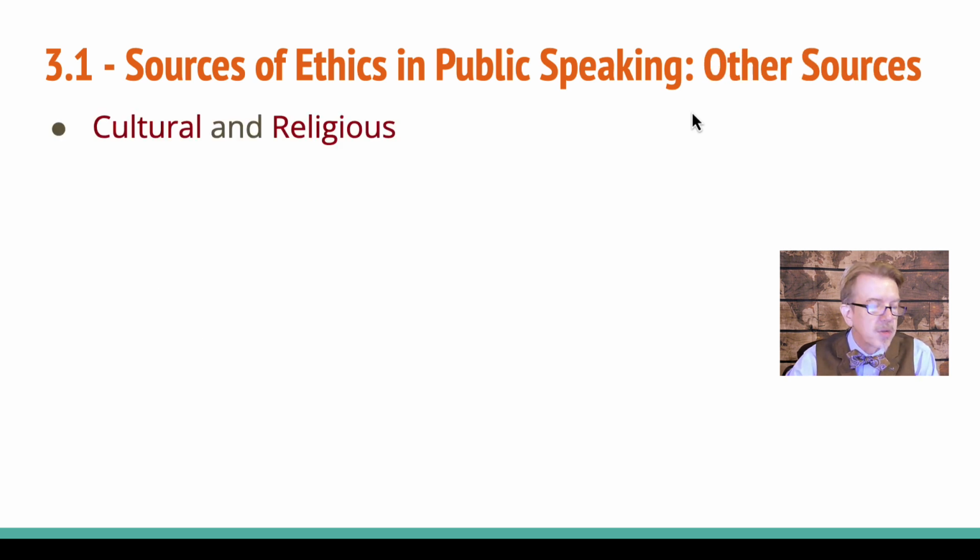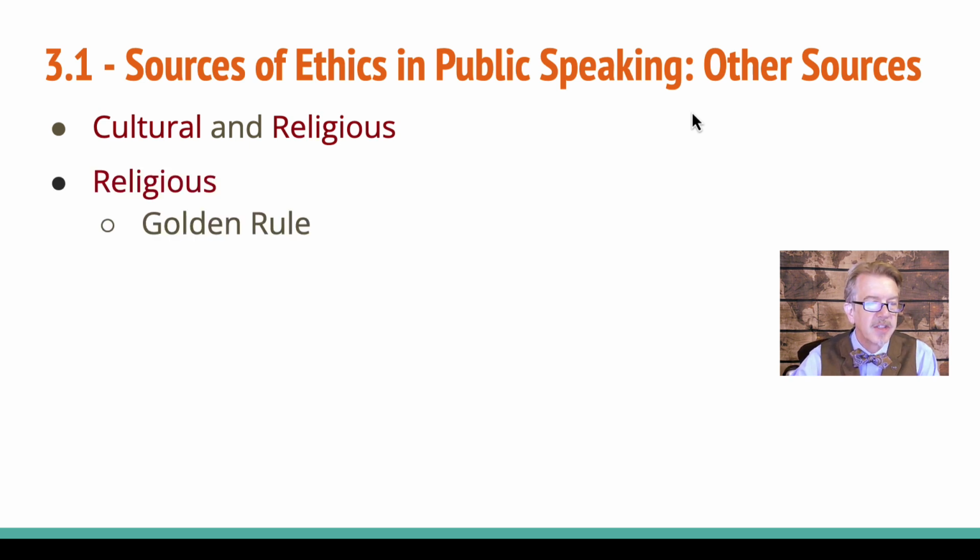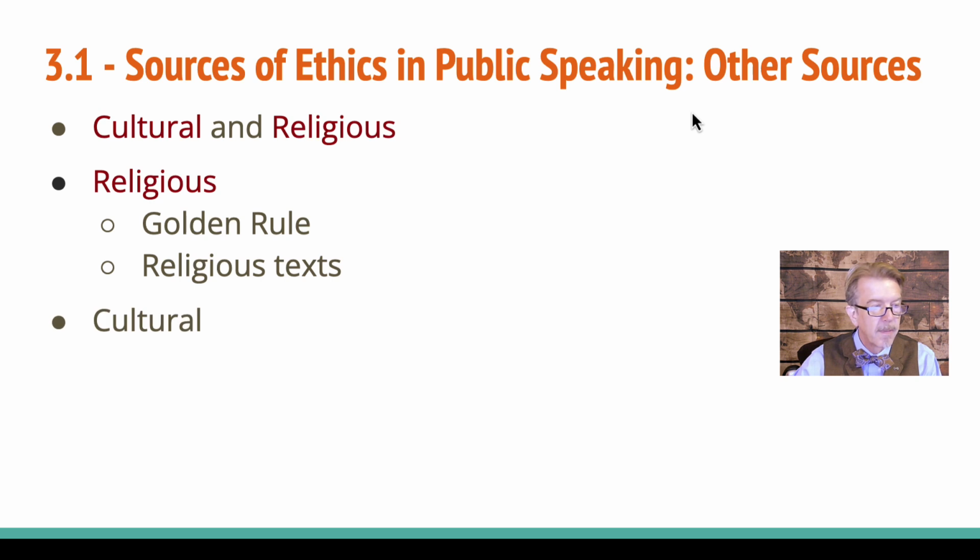Then there are cultural and religious sources for our ideas of ethics. In terms of religious, the idea of the golden rule, do unto others as you would have them do unto you. Every single basic religious text of all the major religions has a variation of the golden rule as part of it.